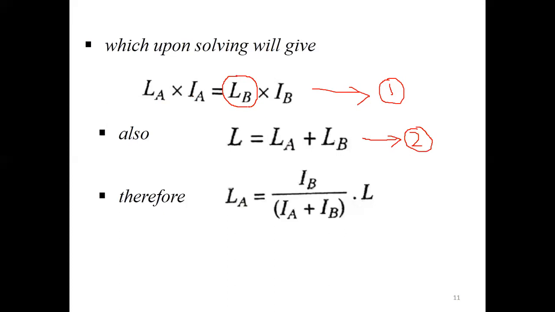And if you substitute this value of LB in equation number 2, then you will get the third equation, that is LA is equal to IB divided by IA plus IB, the whole into L. So these are the three important relations with which you can easily find out LA and LB.